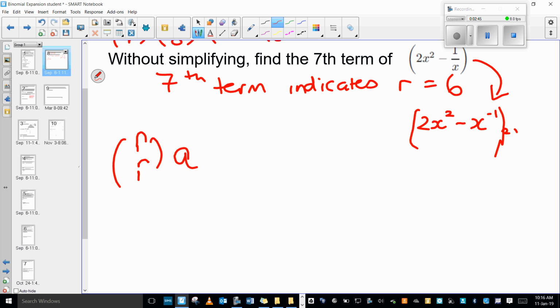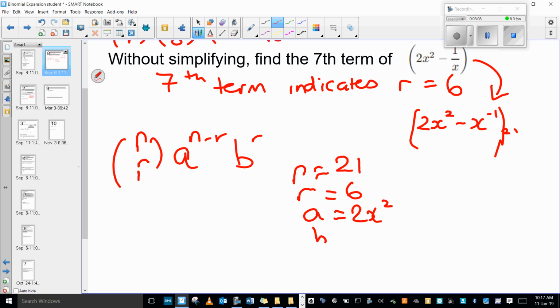Okay, so n is 21, r is 6. And A is, what's A in our one? 2x squared, and B is negative x to the negative 1. Chuck it in.